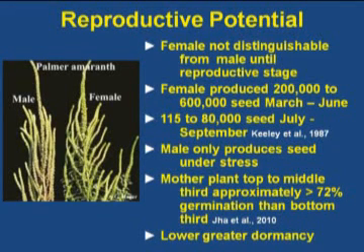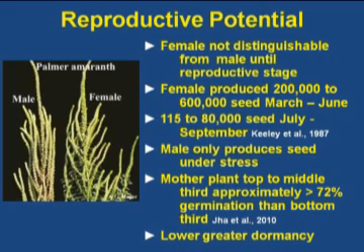The female will produce 200,000 to 600,000 seed up until about June, July, and after that it goes down. Now, this is data out of California, so I'm not sure, but I would think maybe you're going to go higher than that. So in the Delta, we have a different situation. Guess what?